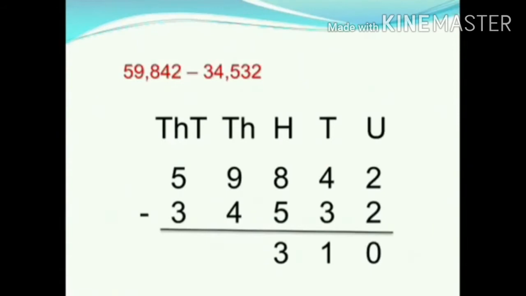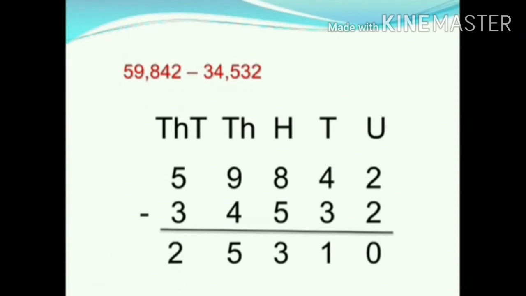Now you subtract digits in thousands place. The digits in thousands place are 9 and 4. 9 minus 4 is equal to 5. Write 5 in thousands place. Subtract the digits in the 10,000s place. The digits in the 10,000s place are 5 and 3. 5 minus 3 is equal to 2.